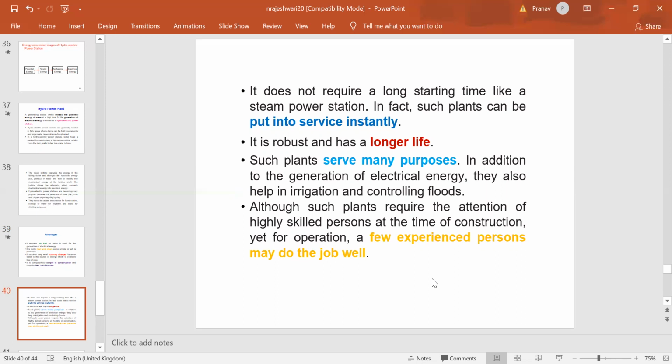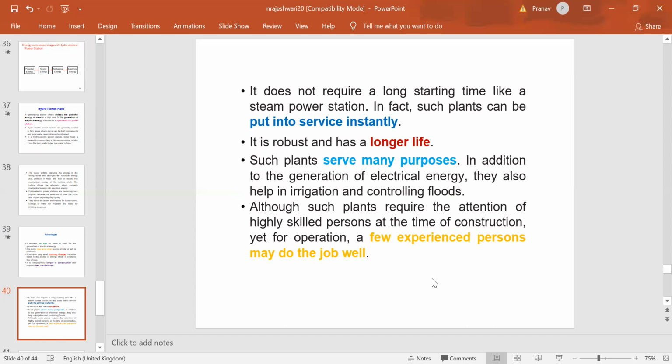Such plants serve many purposes. In addition to the generation of electrical energy, they also help in irrigation and controlling of floods. By constructing dams, it can remove the flood problems also.